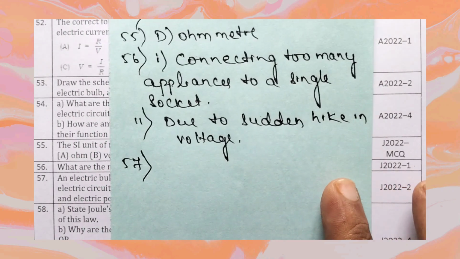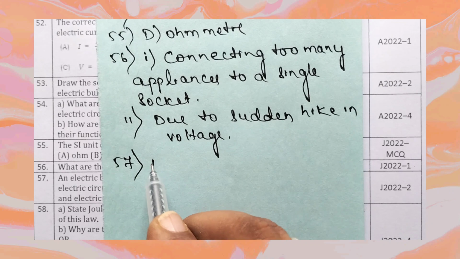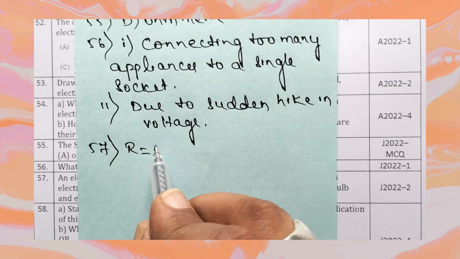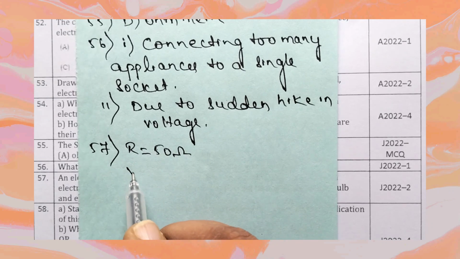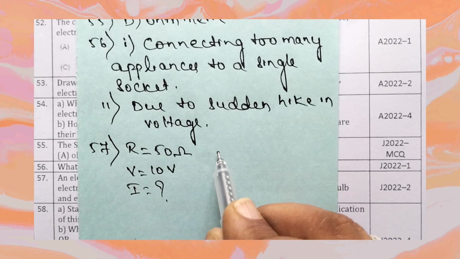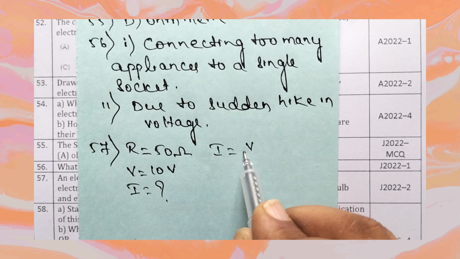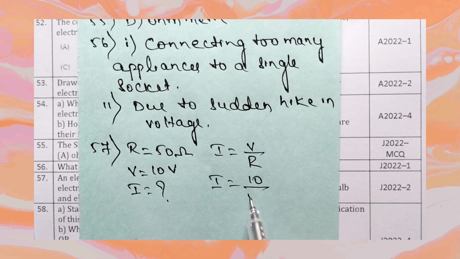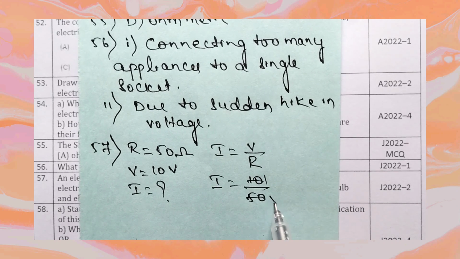Resistance is given as 50 ohm and voltage is given as 10 volts. Now you calculate the current. I is equal to V by R according to Ohm's law. I is equal to V, that is 10, R is 50. So 10 ones are 10, 5 tens are 50, that is equal to 1 by 5.